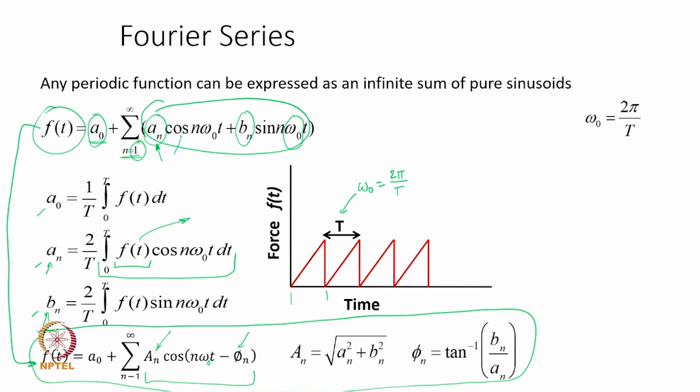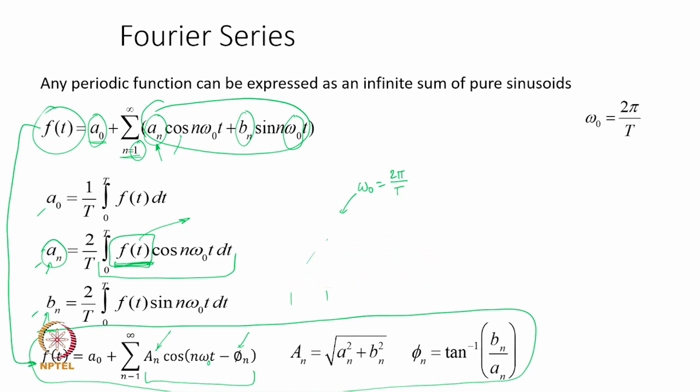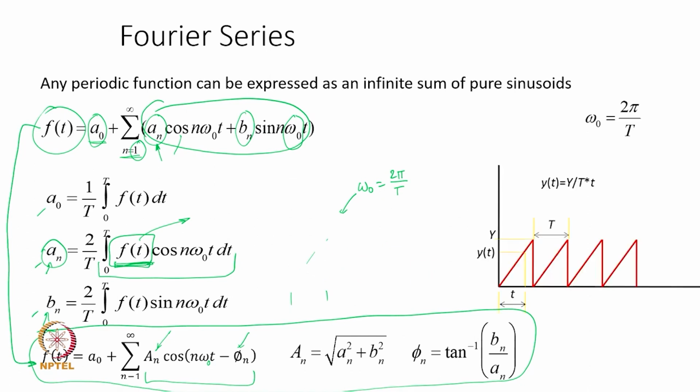Now, the question is, if I want to evaluate these coefficients, I need to capture f of t in a mathematical form, so that I can integrate this expression. That can be obtained by looking at your function. So, what is our function here? It is this sawtooth function. Now, if you recall the base excitation in a cam of a tappet valve mechanism, wherein the displacement was with the amplitude capital Y, and the motion was as a function of time y of t.